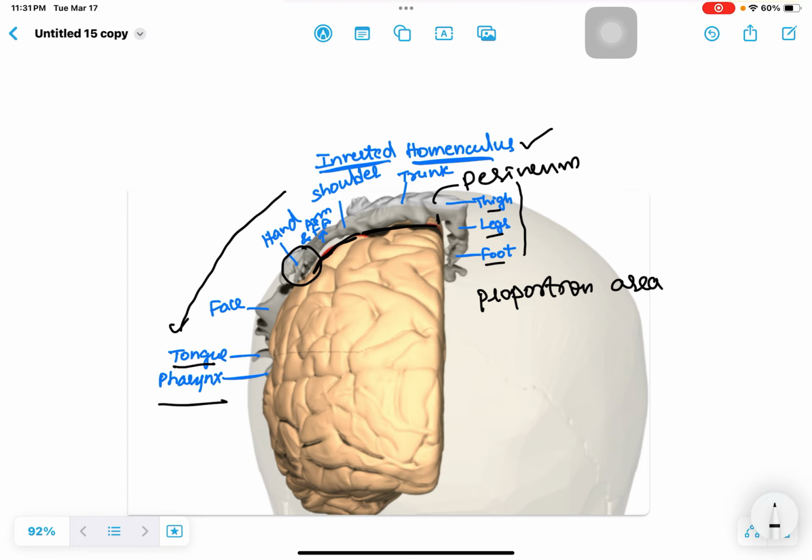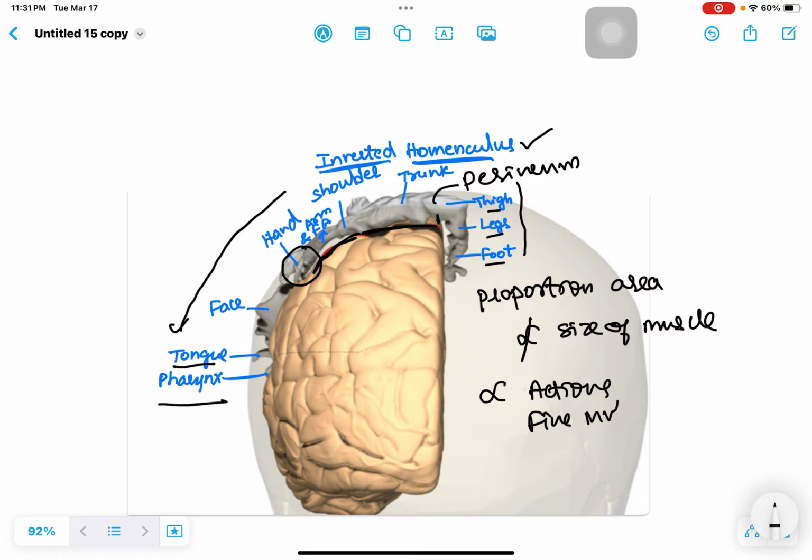The represented area is directly proportional not to the size or bulk of the muscles, but to the actions, the fine movements. The face and hand muscles show fine movements.